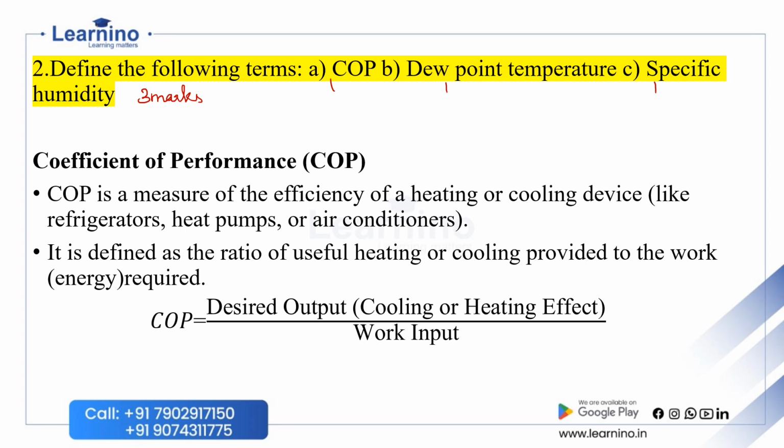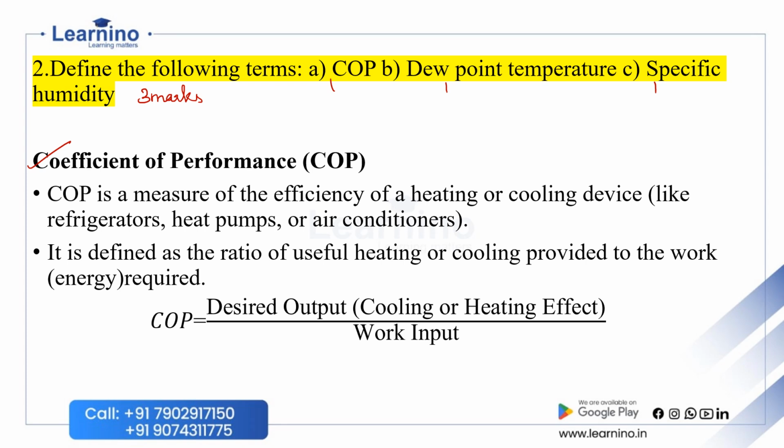First, the coefficient of performance, that is COP. The effectiveness of a refrigerator is expressed by the term known as coefficient of performance. It is the term used to express the efficiency of a heating or cooling device. It is the ratio of the desired refrigerating effect to the work spent to produce the refrigerating effect.